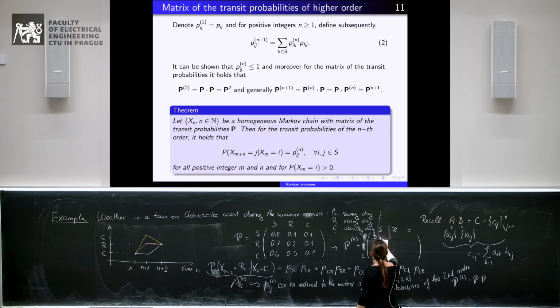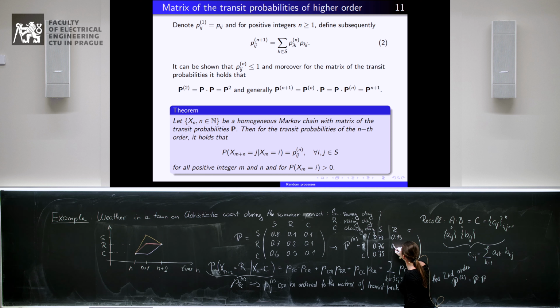So it is 0.77. In the second row and the first column, we have 0.56 plus 0.14 plus 0.06, so it is 0.76, and it will be 0.75 in the third row.